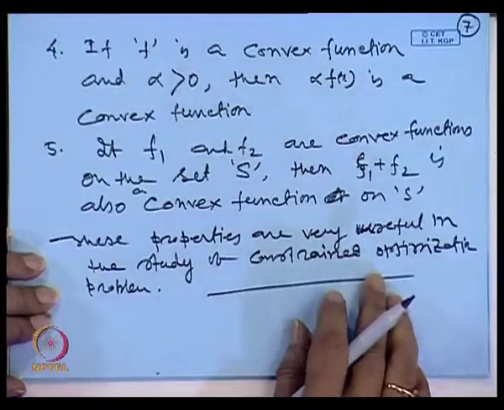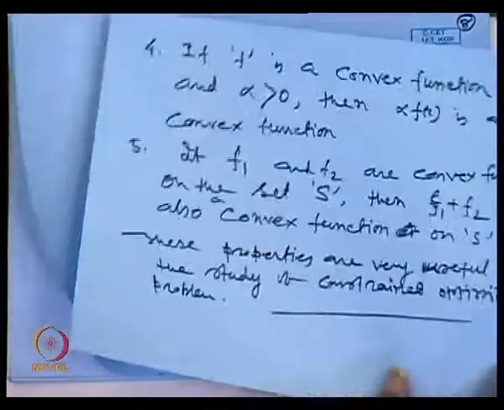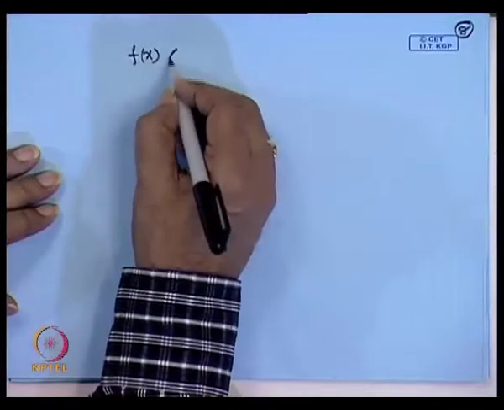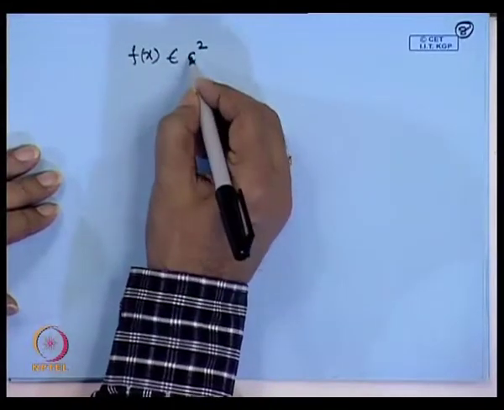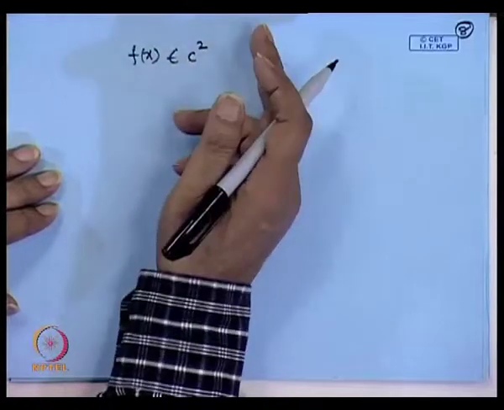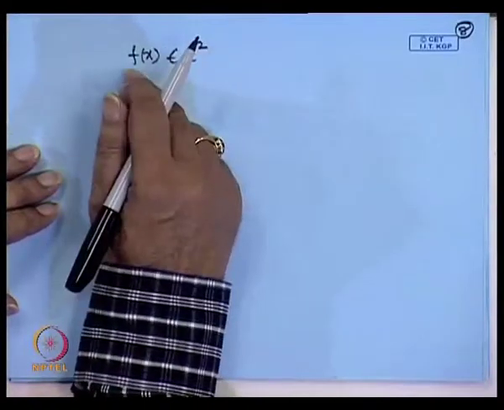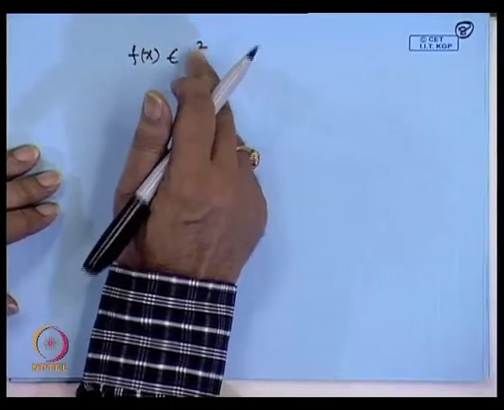So, let us see some of the facts of convex optimization and convex functions. Let us say f is a function and belongs to C2. C2 means it is continuously twice differentiable.